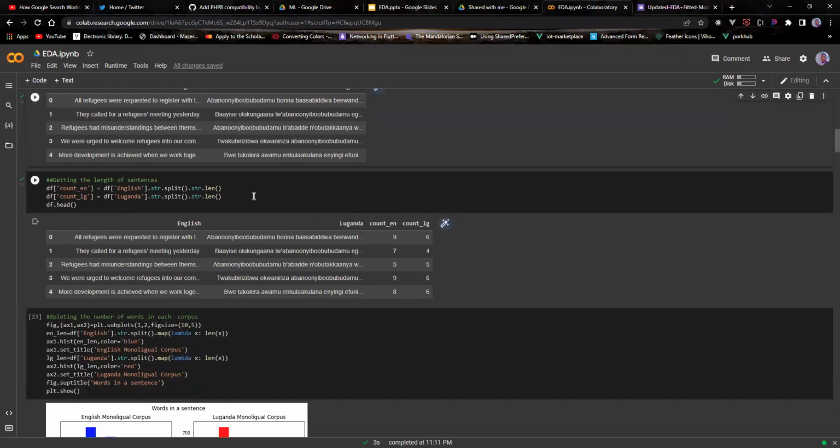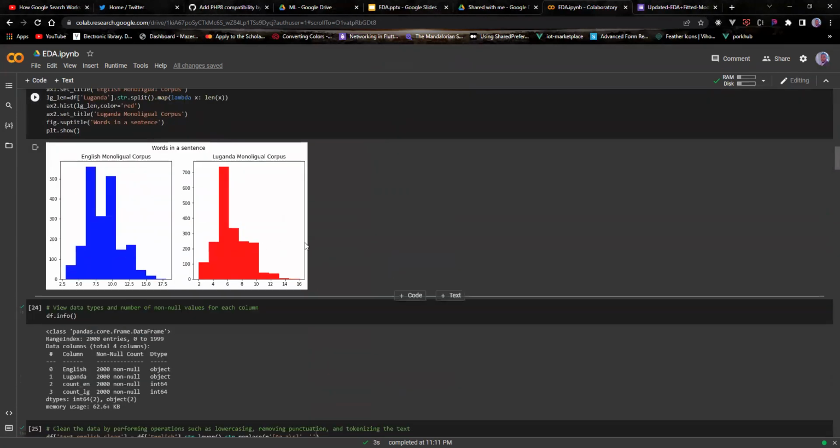Here we try to count the number of words in each sentence for each monolingual corpus. Like you see for Luganda, the first observation has 9 words, and then the one for English has 6.